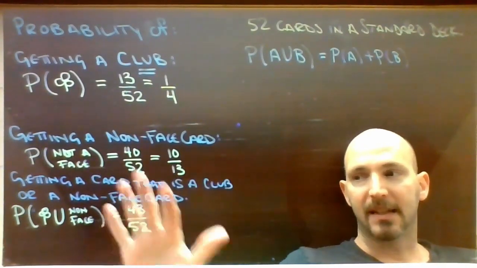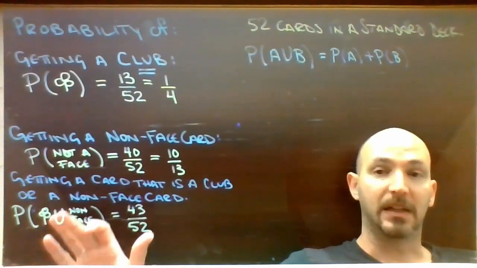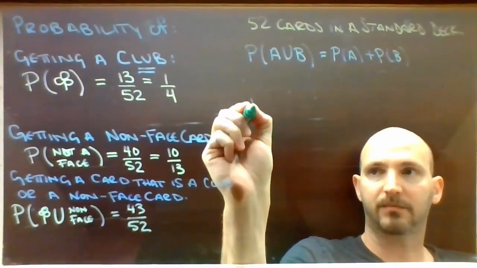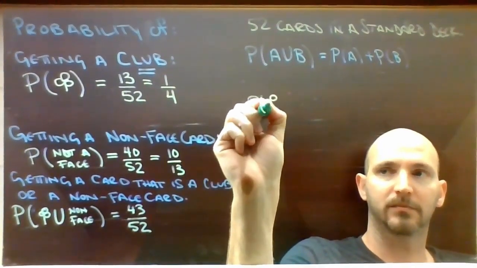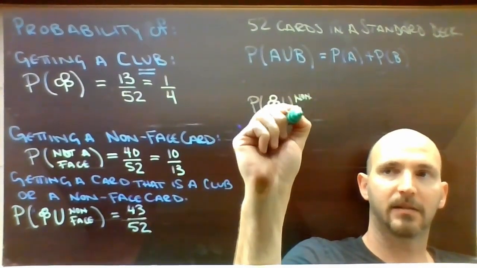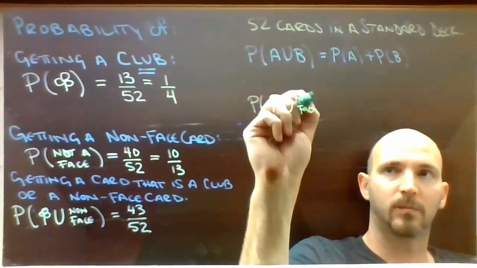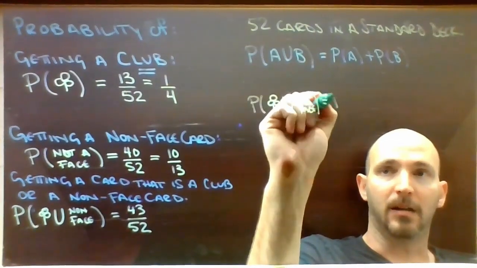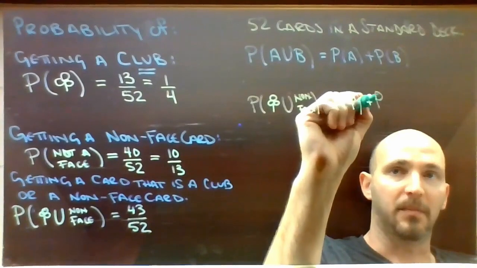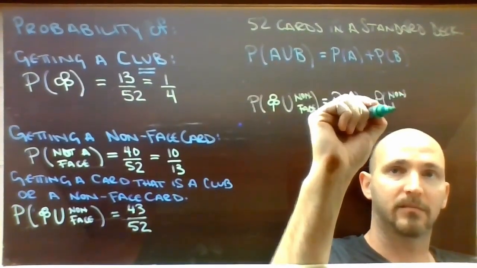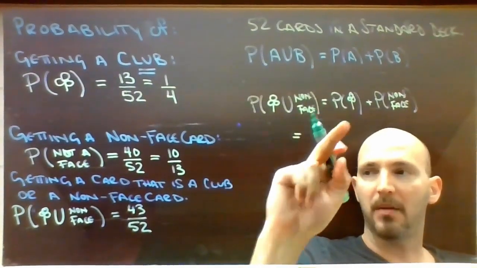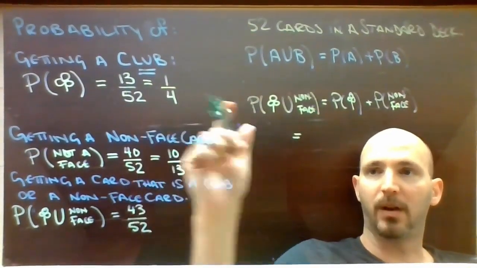So in this example here, the probability of it being a club or a non-face card would be the probability of a club plus the probability of non-face. Well, the probability of getting a club was 1 out of 4.